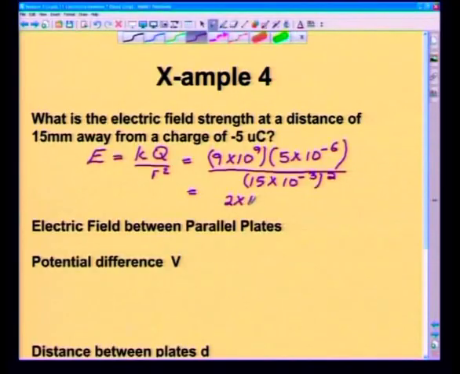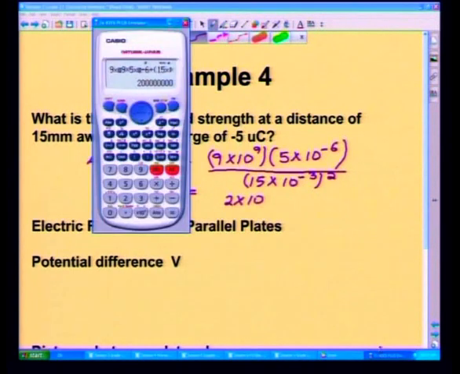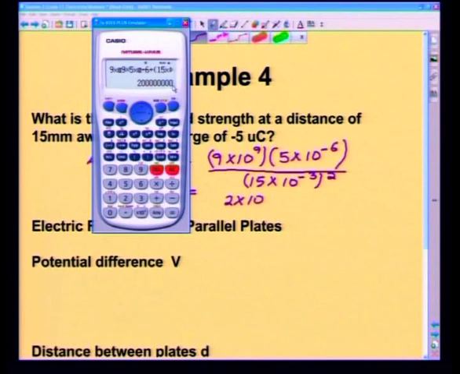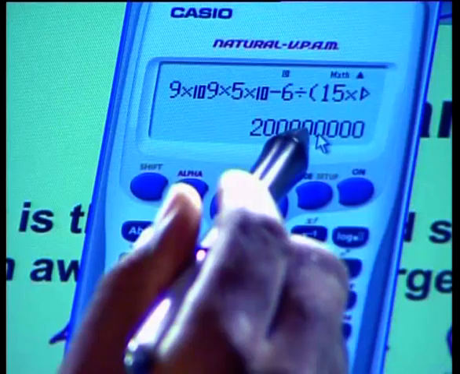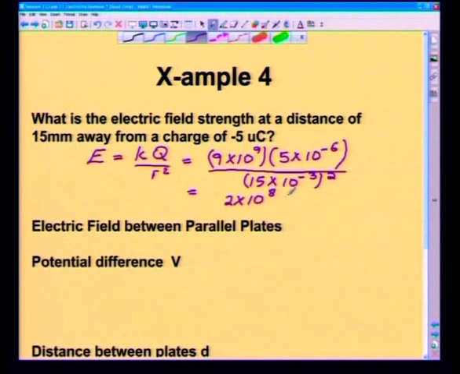That will be 2 by 10 to the power, let's see how many zeros we have here. 1, 2, 3, 4, 5, 6, 7, 8. So that will be 2 by 10 to the power 8 newtons per coulomb. Remember that unit? Newtons per coulomb. So that is how we can use the formula E equals KQ over R squared to calculate the electric field strength at any point around that particular charge.